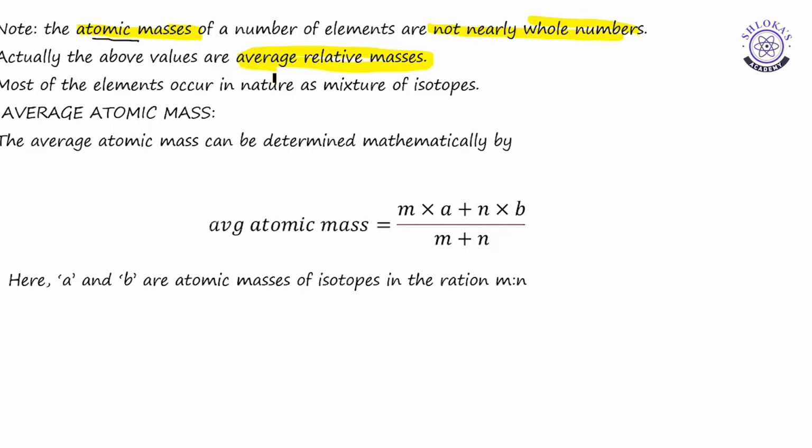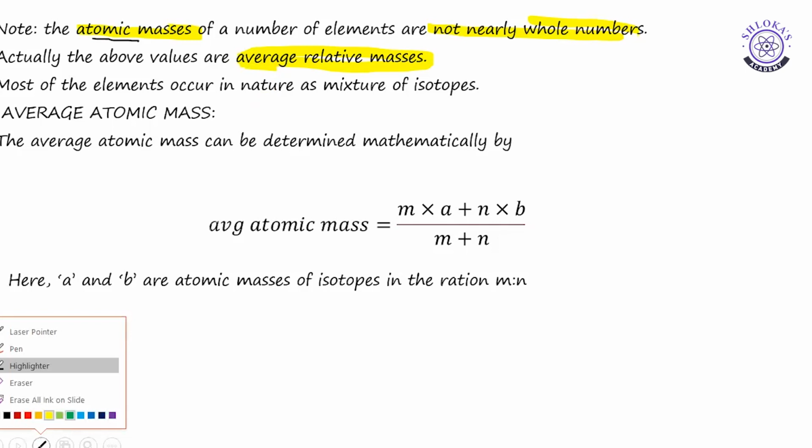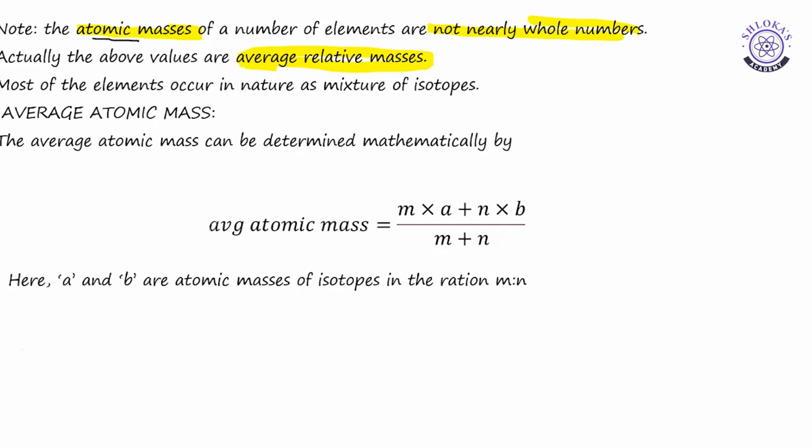That is very important. Most of the elements in our periodic table exist in the form of isotopes. Isotope means, as we have already discussed, same atomic number but different mass number.